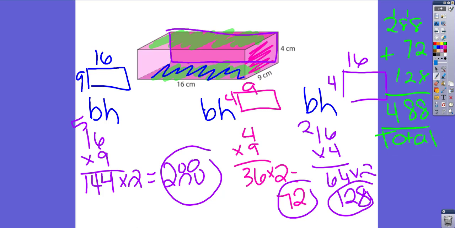Now if it were asking me for lateral surface areas, I would need all of them except for my bases. Now we already covered this. My bases are these right here, which were the ones that measured 16 by 9. So I would not care about that one. I would only care about the other two. So if I want just the lateral surface area, I would be adding 128 and 72.